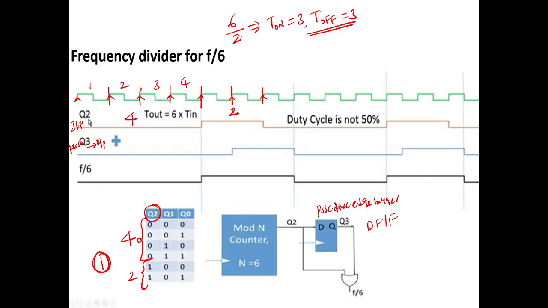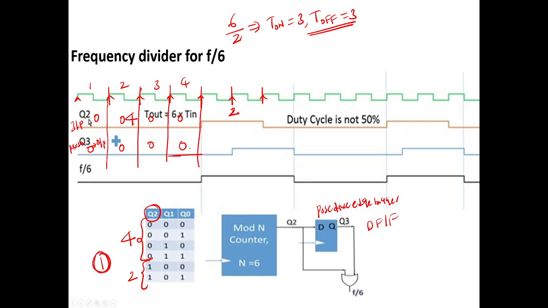See here, during the positive edge, whatever the input, 0 means 0 you are getting, and here 0 means 0, and here also 0 means 0. But here what happens? Here 0 is over.